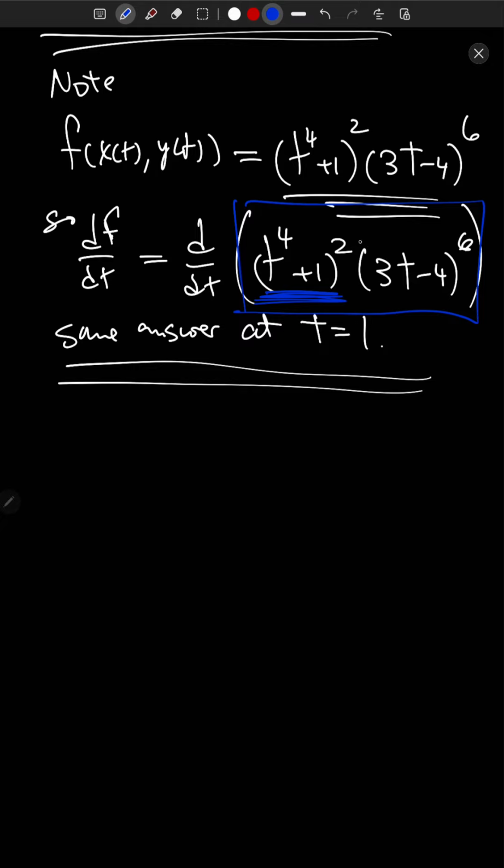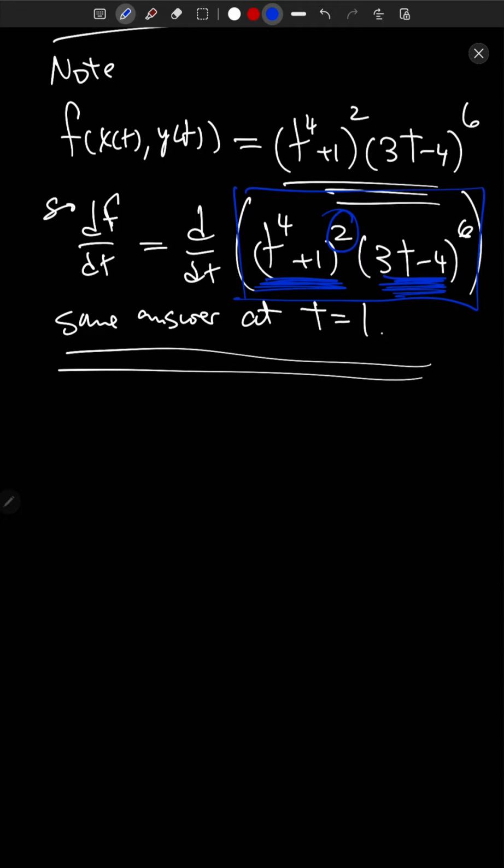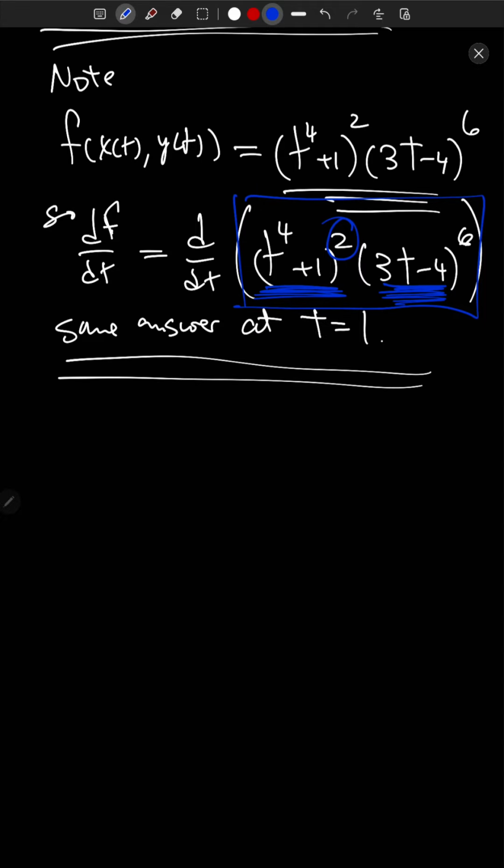And then you're going to have to differentiate the outside, right, which is the one variable chain rule. And that's differentiating the square, something squared. And that was the partial f partial x that we calculated upstairs, right? Also, when you calculate this in the one variable manner, you're going to have to differentiate 3t minus 4. That's y prime, which we did. And then you're going to have to differentiate something to the 6th power, right? And that was the df/dy. So you're literally doing the same computation.